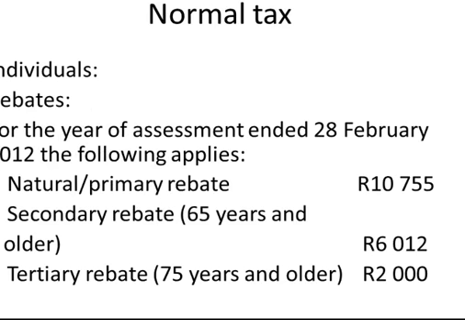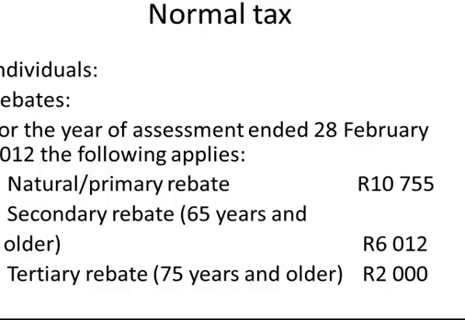A normal tax for individuals only. We have the following rebates that apply. A primary or natural rebate of 10,755 Rand. A secondary rebate, which is available to individuals 65 years and older, which means they will be eligible for the primary rebate of 10,755 Rand plus the secondary rebate of 6,012 Rand.